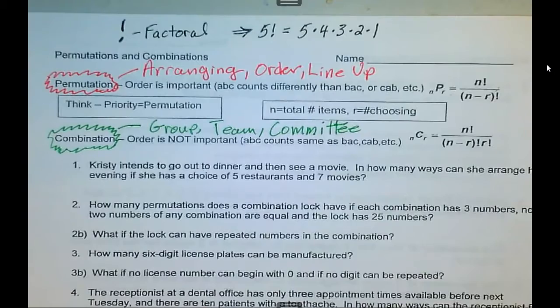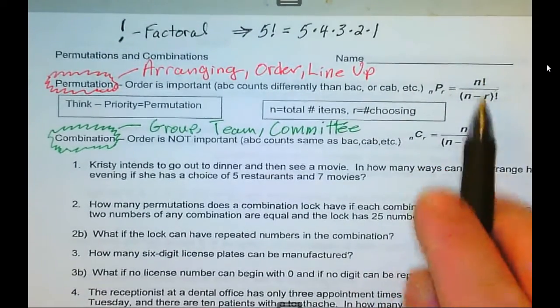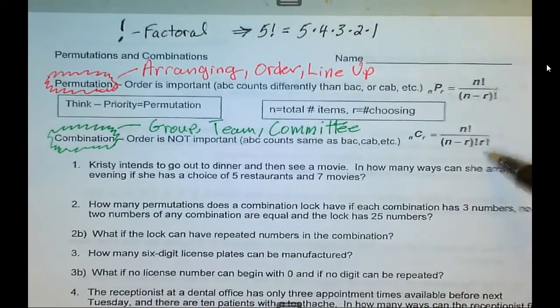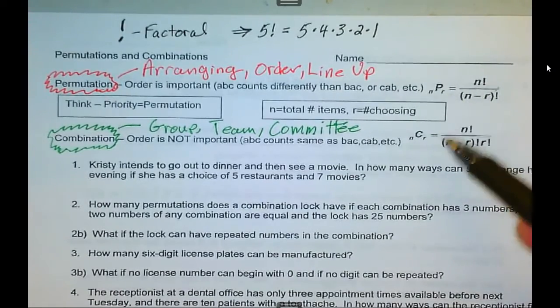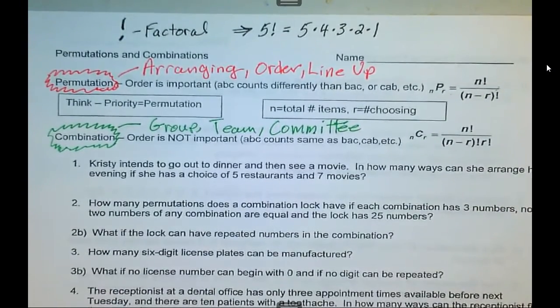In fact, you won't even be doing these formulas manually because these formulas are in your calculator. At this level in Algebra 2, we are just going to use our calculators.